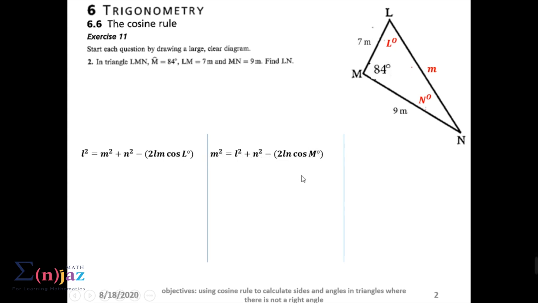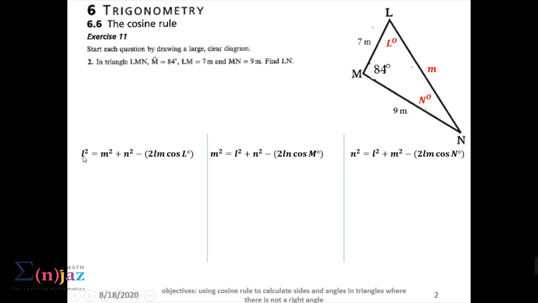I started with the side M, so I ended here with angle M. Let's practice one more time at writing the cosine rule. So I'm going to start with the N. N squared, what are the other two sides? L and M. L squared plus M squared minus 2 times L times M times cosine N. Just please note here, correct this little mistake.